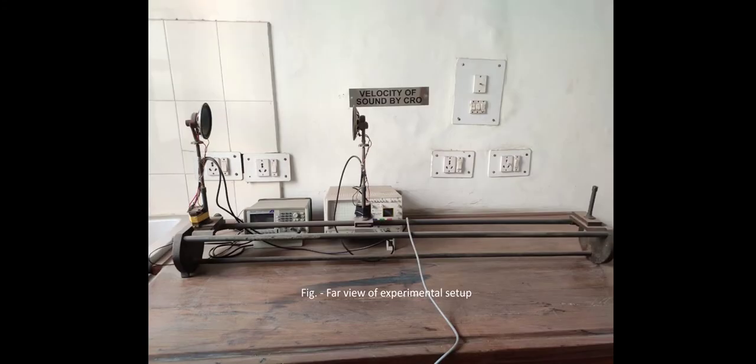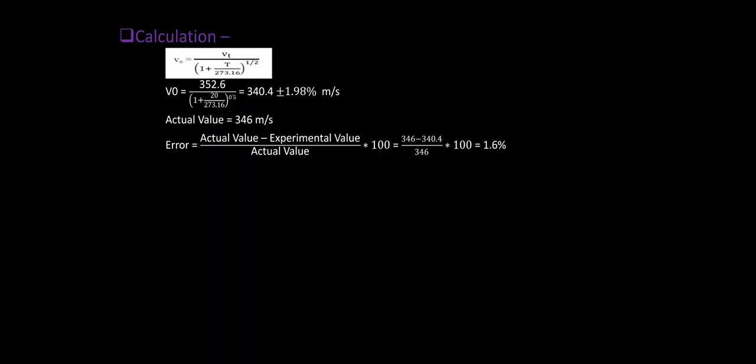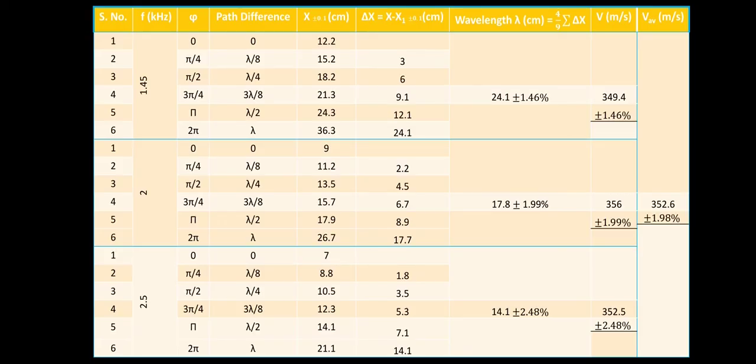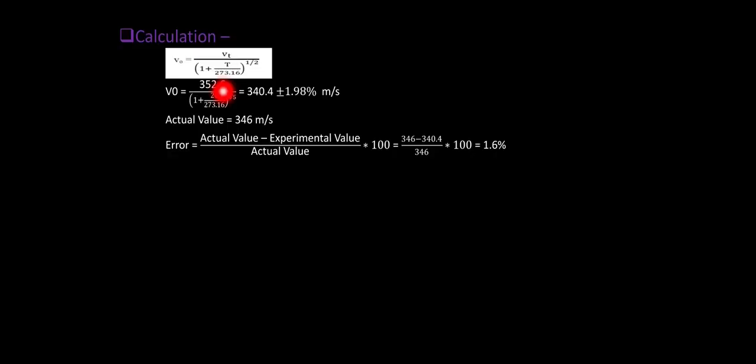So now the calculation. We have got the velocity of sound in air at 20 degrees centigrade as this much, with this accuracy. So from this formula we will get the velocity of sound at 0 degree centigrade.